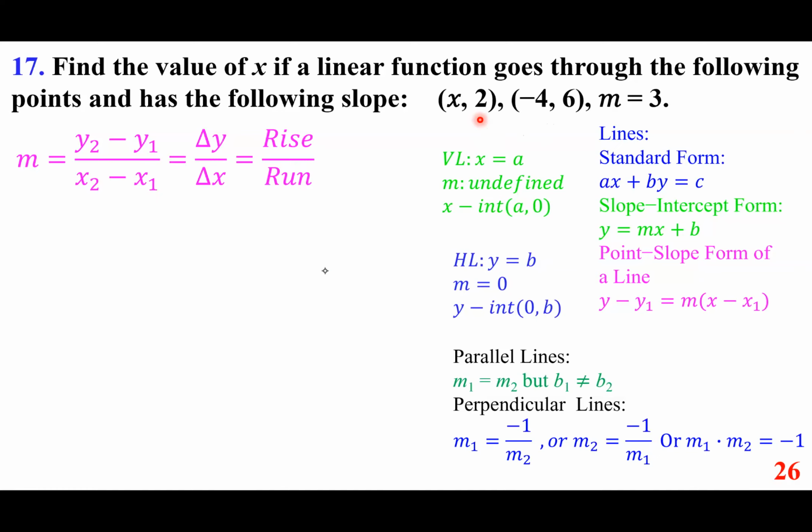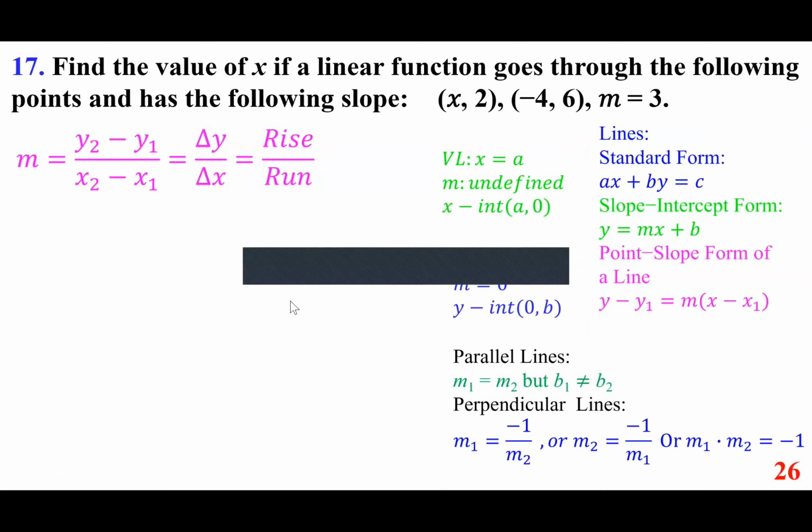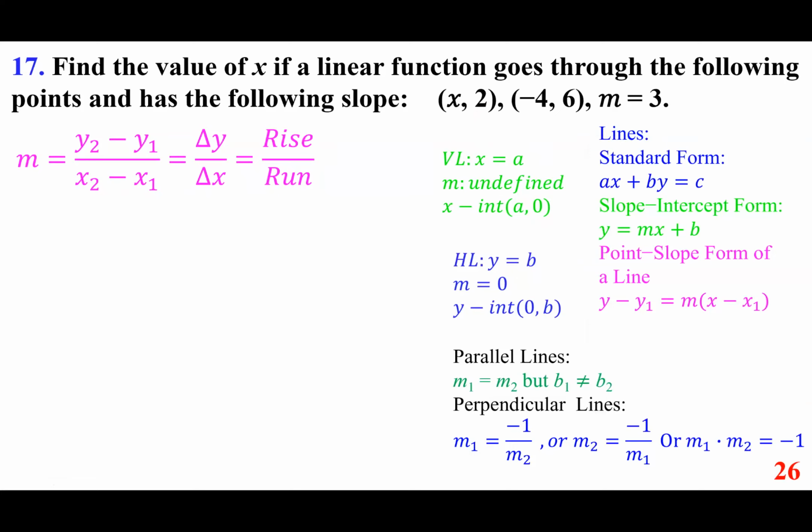So now, let's do that. All right, so we want to calculate the slope, y sub 2 minus y sub 1, 6 minus 2 over x sub 2 minus x sub 1, negative 4 minus x, and that is equal to 3.